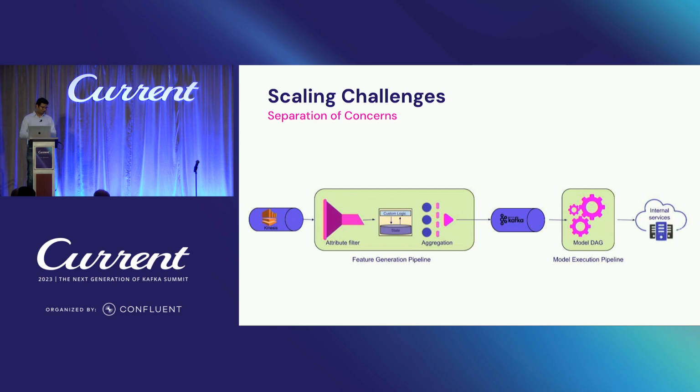But after running for a couple of months, we realized other operational challenges with this one as well. So when we replicated the feature pipeline, we realized that most of the logic, I would say 80% of the logic, was duplicated. It has the same validation, the same filtering and all those things. And only 10% of the logic, which basically aggregates the event, is different, right?